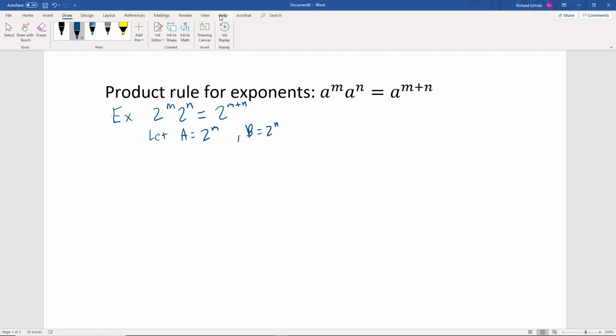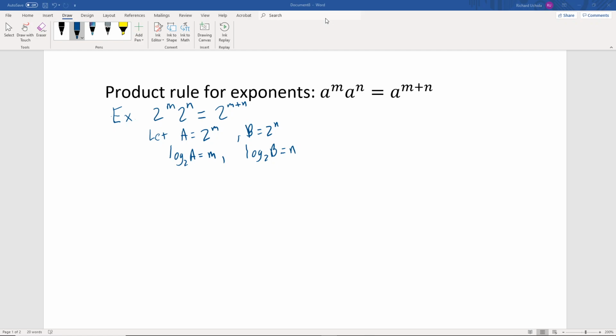So a is equal to the first factor of that product on the left hand side, and b is equal to the second factor. By the definition of the logarithm, this tells us that if a equals 2 to the m, then log base 2 of a is equal to m, and log base 2 of b equals n. And that's just using the definition of the logarithm.